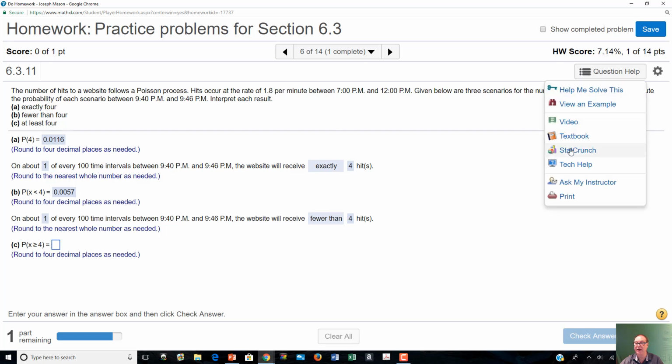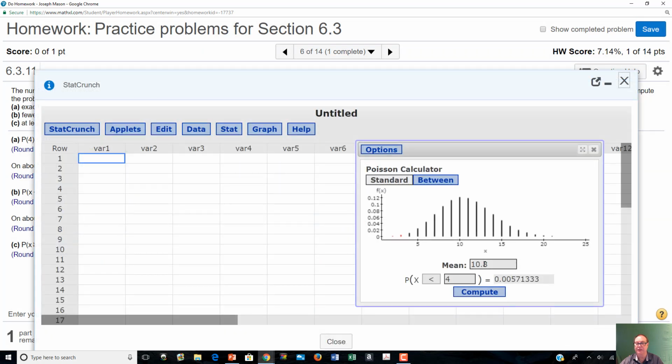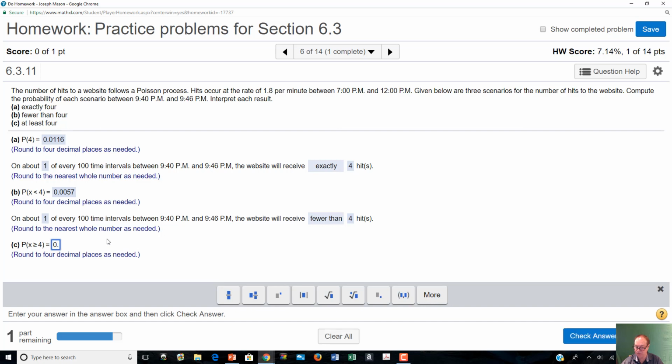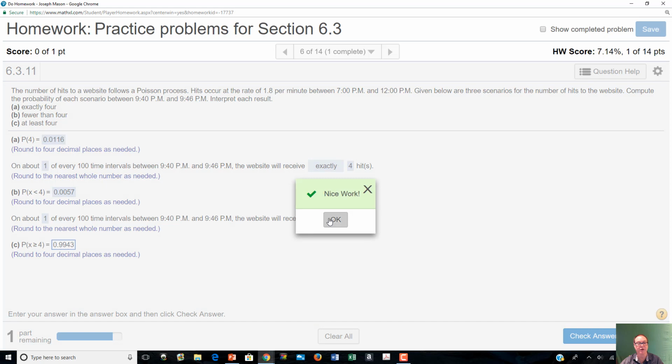Now, we want greater than or equal. So I open StatCrunch back up. And I wanted greater than or equal to. So it's 0.9943. So we're good.